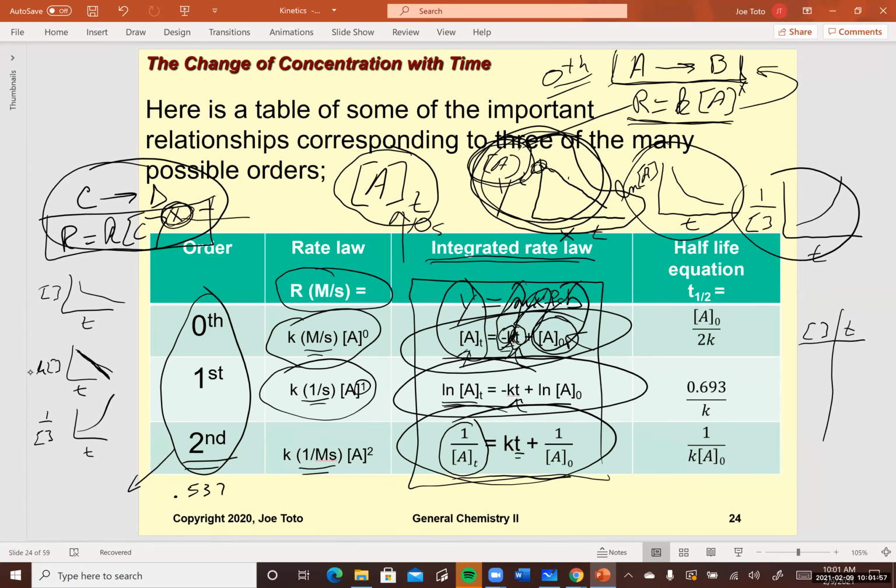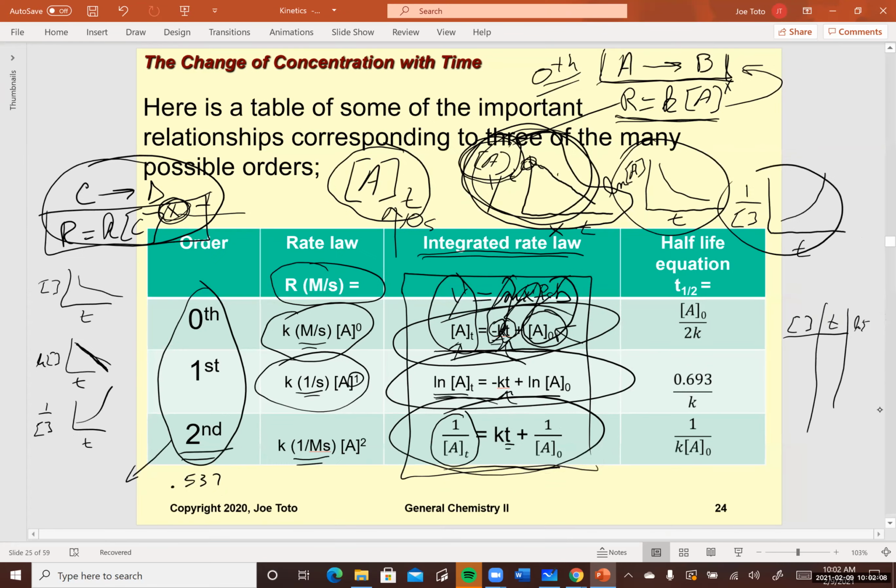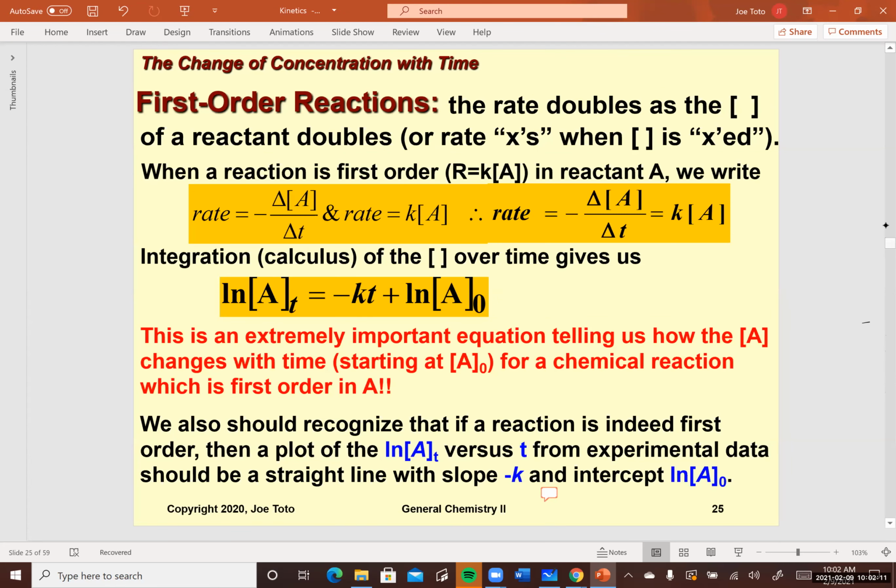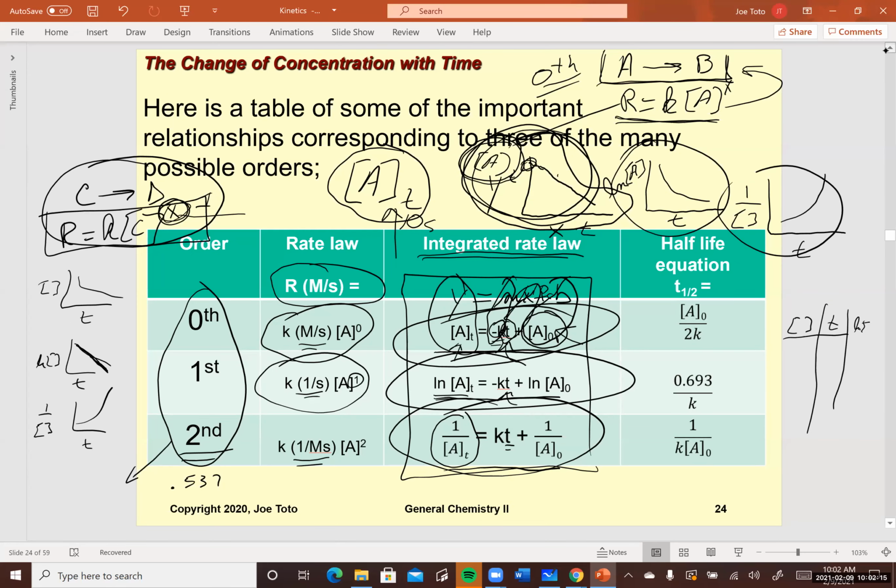If you look at that OLA 1, the online activity for lab, it tells you to generate other columns over here, like the log of the concentration, 1 over concentration, and so forth. And it only gives you this experimentally, and then it asks you to determine the rate law.